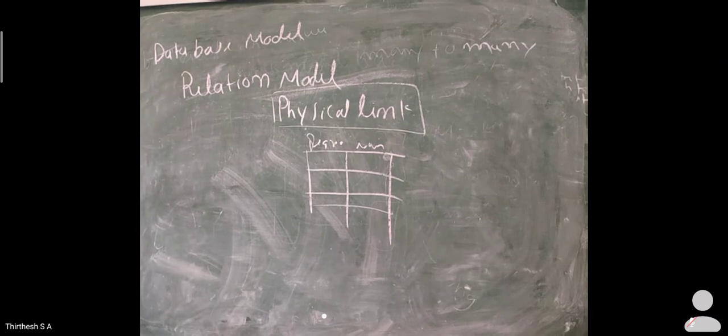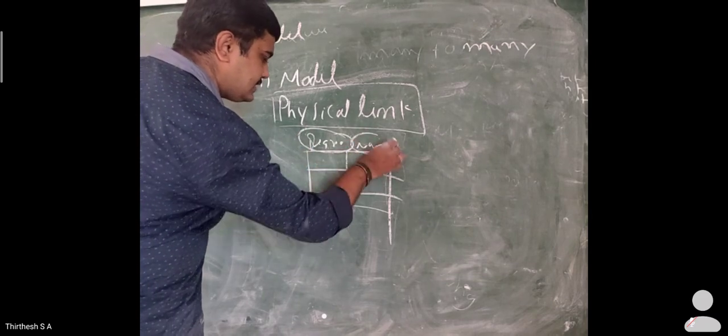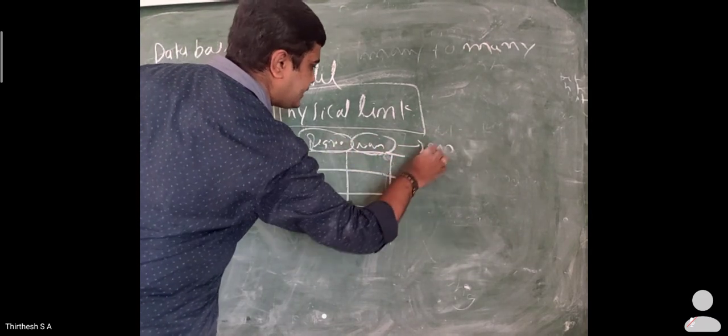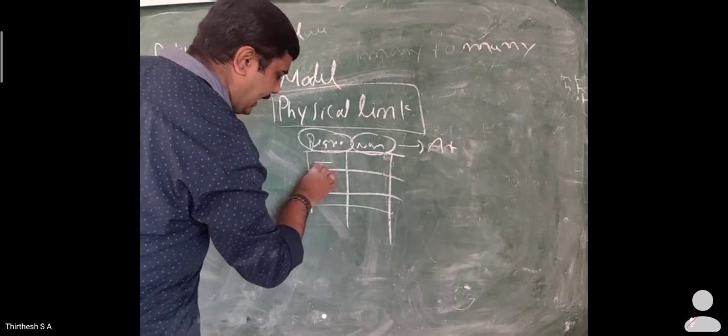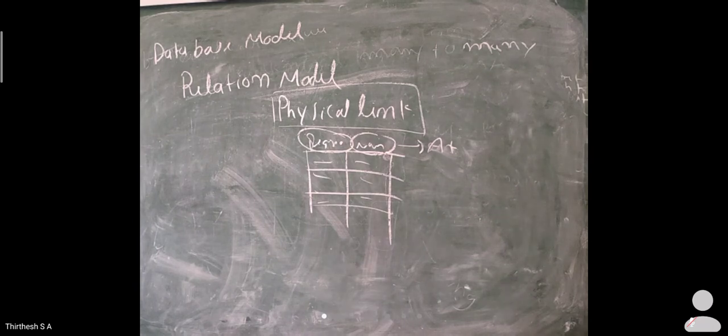Each row represents an entity, and a column represents an attribute of the entity. Here, each row is an entity, this is the attribute, and the entries are known as the entities of the given model.